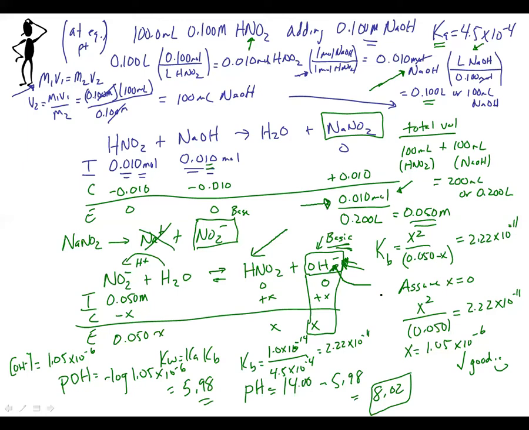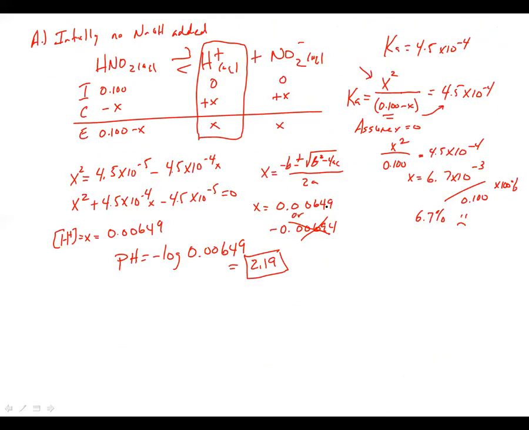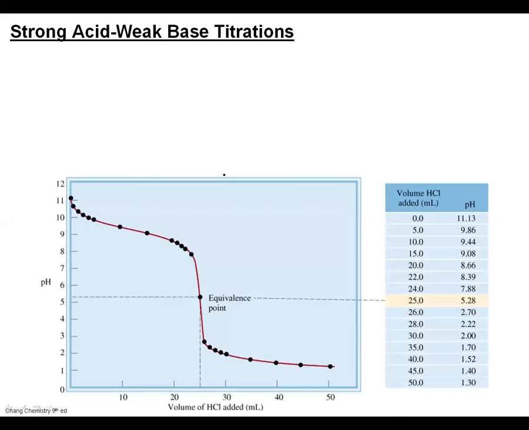And then in the third type of titration, where we take a strong acid and a weak base, when you reach that equivalence point, you again will be left with a salt as the only thing that's left over at that point.